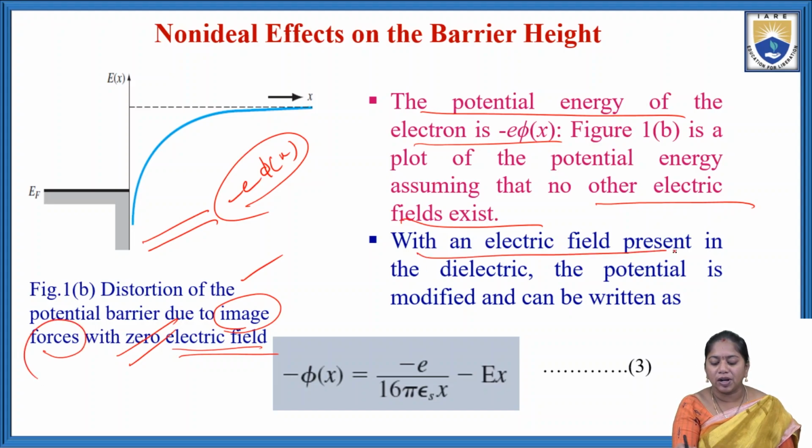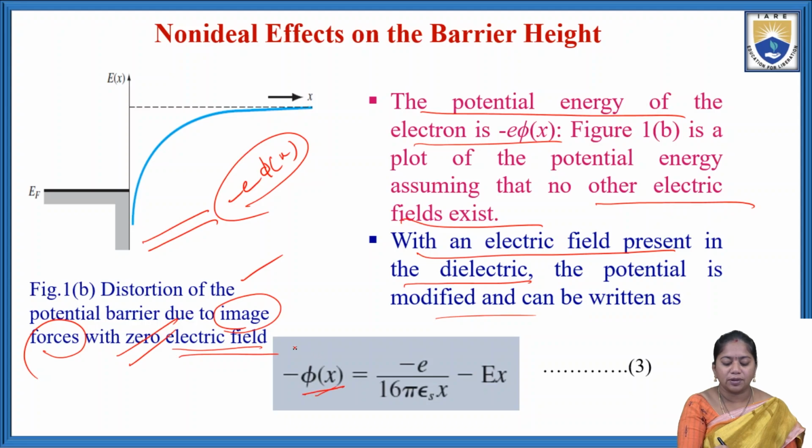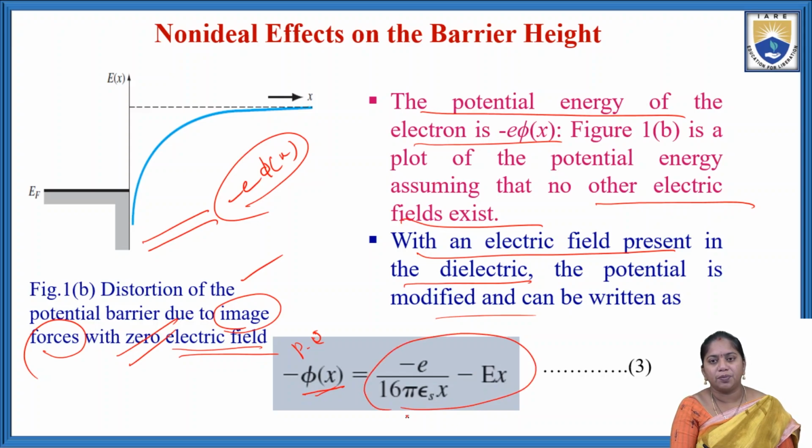With an electric field present in the dielectric, the potential is modified and can be written as minus phi of x equal to minus e divided by 16 pi epsilon s x minus Ex, that is equation 3.